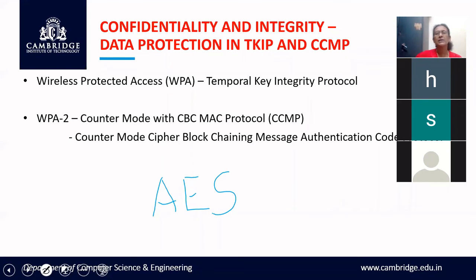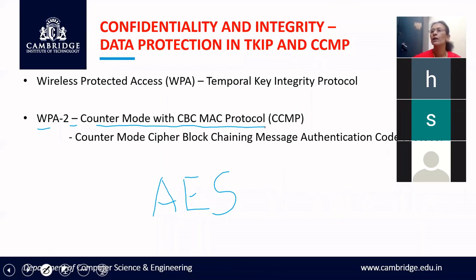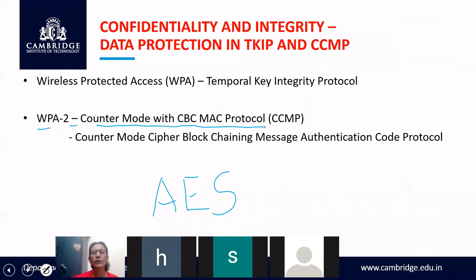So this came to be known as the WPA2 protocol, or it is also known as the Counter Mode with CBC MAC protocol, or CCMP, the Counter Mode Cipher Block Chaining Message Authentication Code protocol. That is the official name for WPA2.